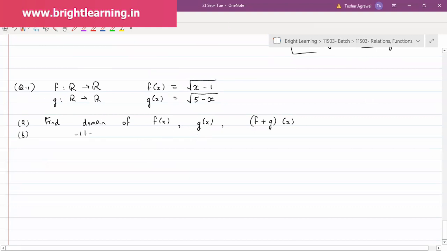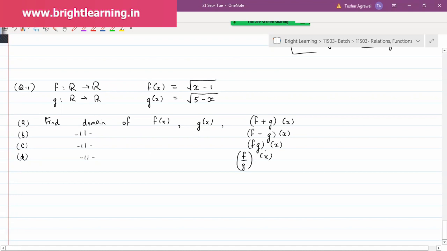Second, find the domain of f minus g of x. Third, find the domain of fg of x. Fourth, the domain of f upon g of x.